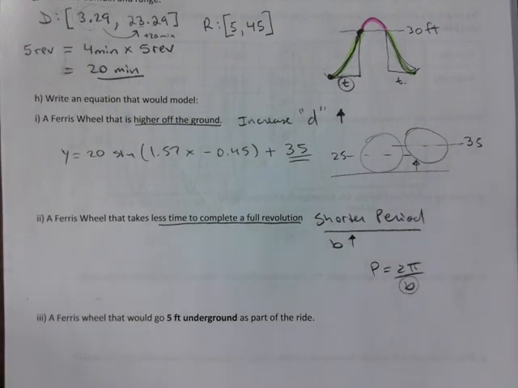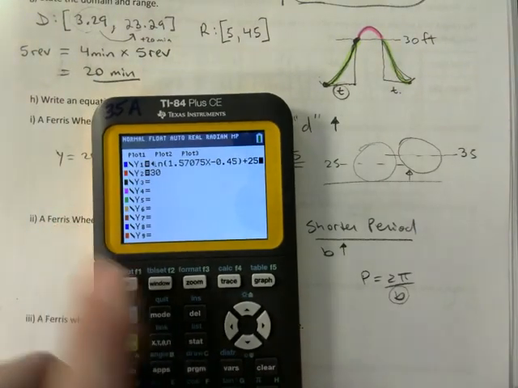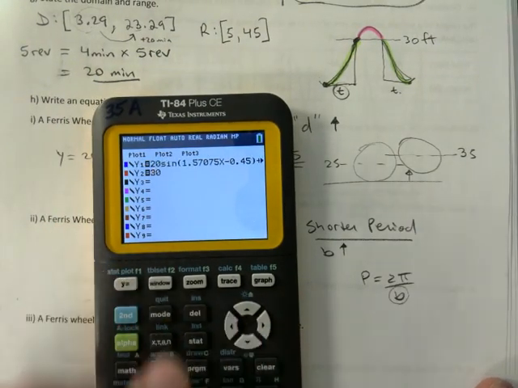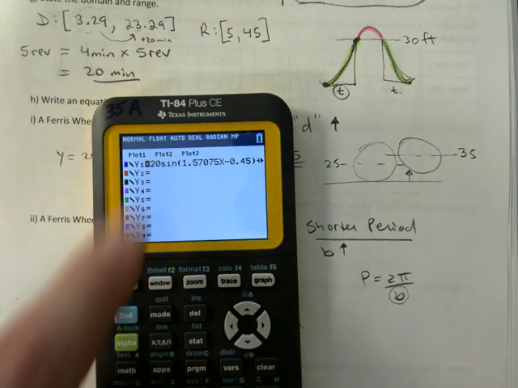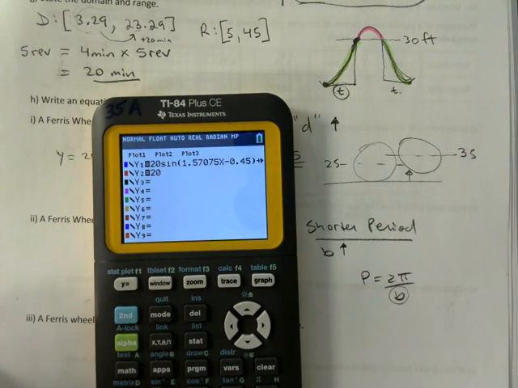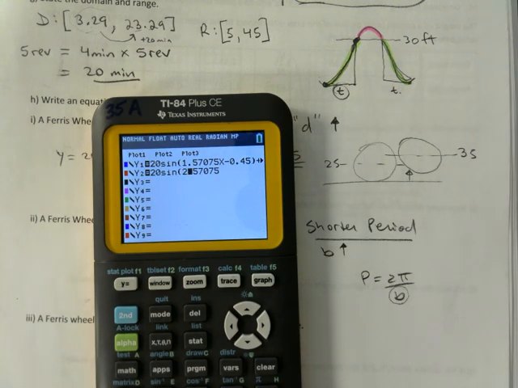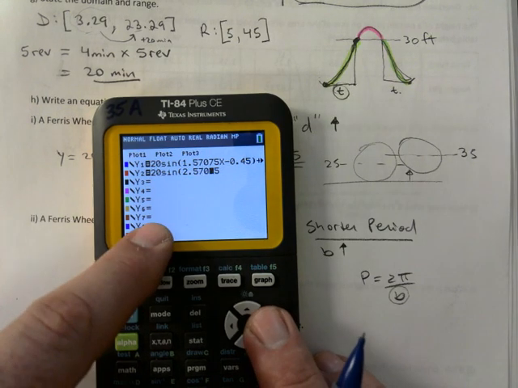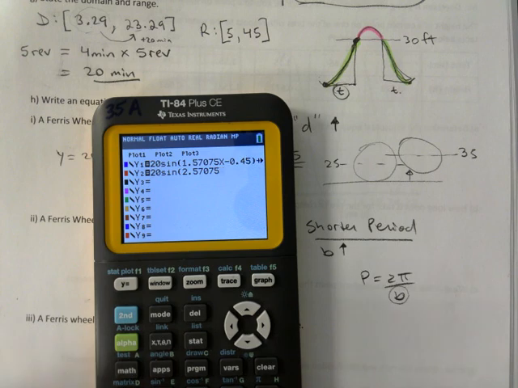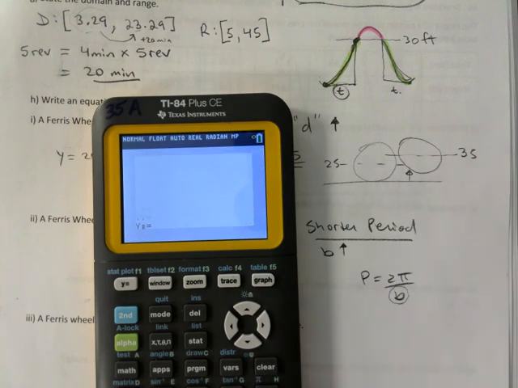And you're like, Mr. Erickson, seriously, that's too much for me. I can't handle it. You could just type in the exact same one. Let's say you have no idea. So you're just going to, for kicks, make it 2.57075, the second one, and keep everything else the same, and graph them at the same time.